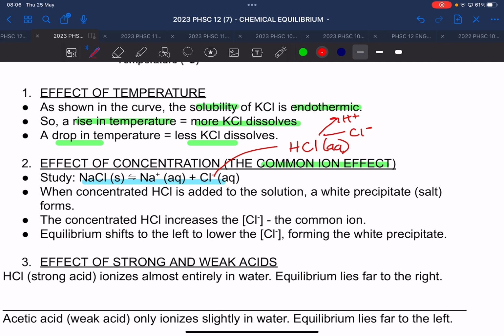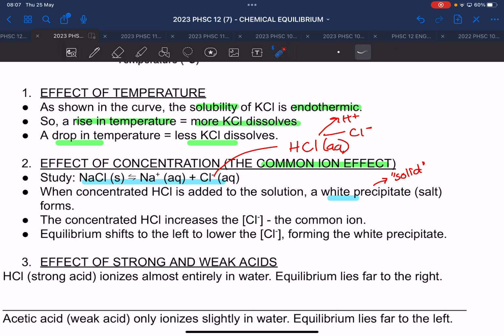Okay, so it says there at the bottom, when concentrated hydrochloric acid is added, a white precipitate forms. A precipitate is a solid, normally a powder, crystally type of thing. A white precipitate, a solid, which is salt, will form.